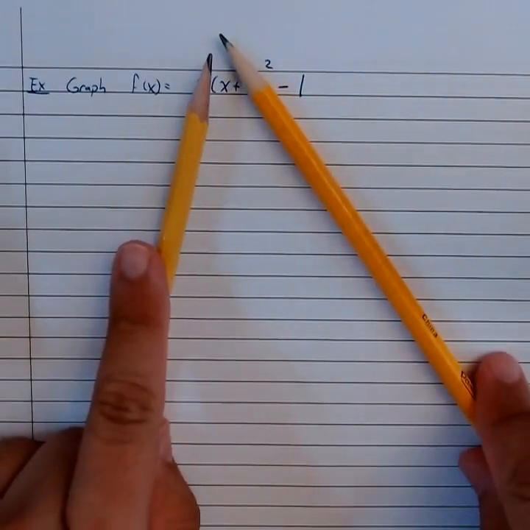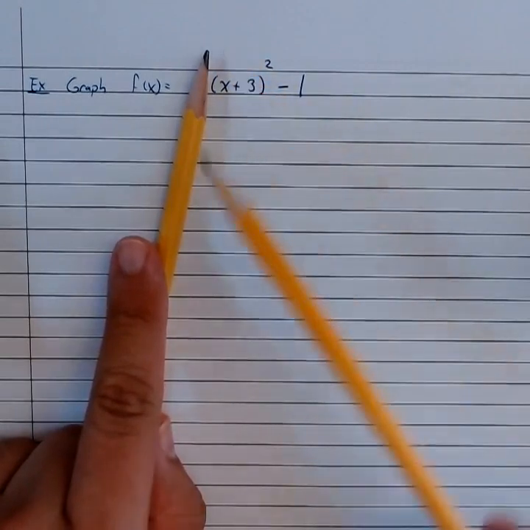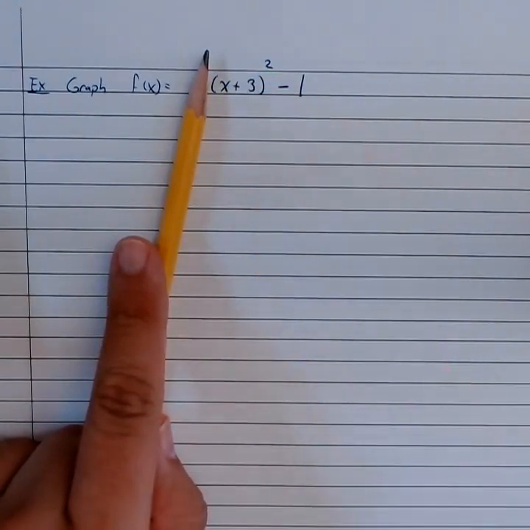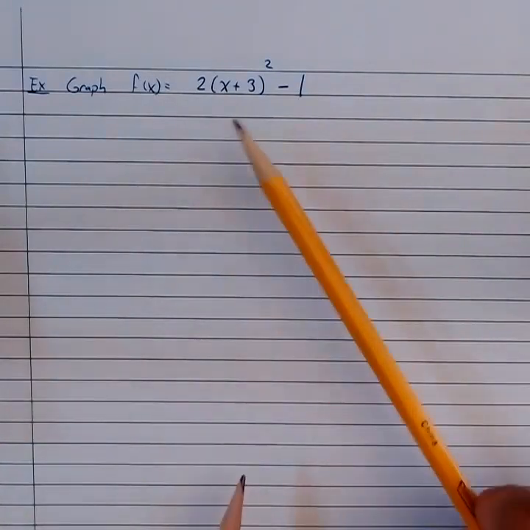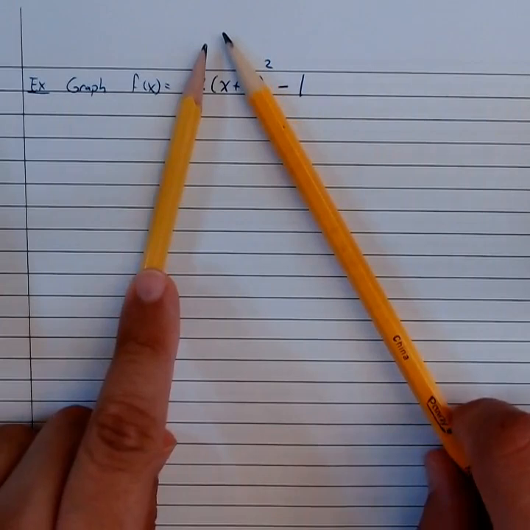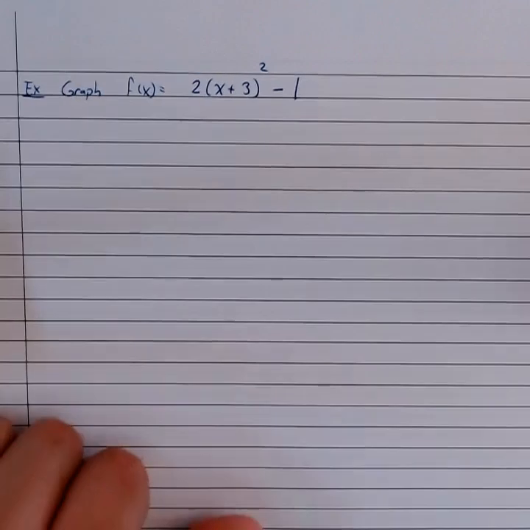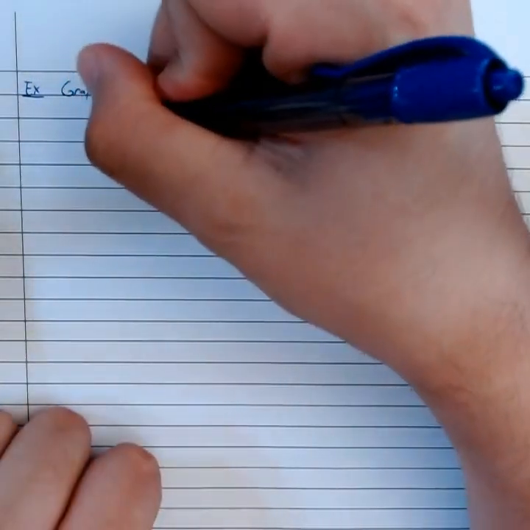If you ignore all the minuses, the pluses, the times, and so forth, this is basically just x to the second power. So if you ignore everything besides the parent function, then we know exactly what the graph looks like. The graph of f of x equals x squared is simply a parabola crossing through the origin, and that's facing up.